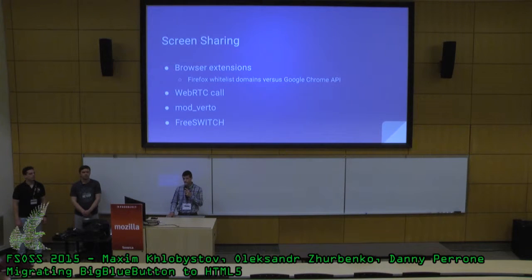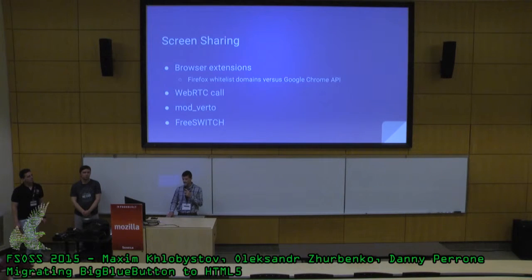With Google Chrome, though, it's a bit different, because they have implemented screen sharing as an extension level API. What this means is you have to have an extension that will enable screen sharing. It will also add your domain to a whitelist of allowable domains, but you also have to have the extension as a communication layer.